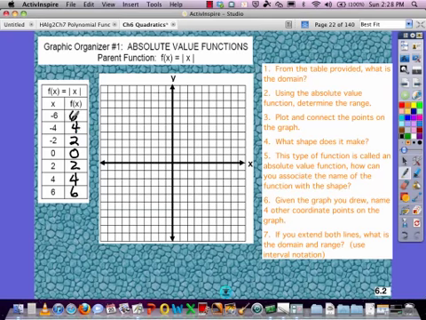What is the definition of absolute value? Hopefully that you're working from. It should be a number's distance from 0, and distance is always positive. So what do I have left here? 3, 4, 5, 6.